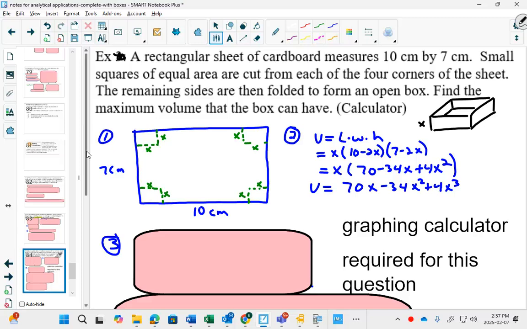We started off, this side was 7, but then you would subtract 2 x's away from that because they get cut out. And this side was 10, and you subtract 2 x's away from that because sides get cut out. And you multiply it all out, and you get your volume is 70x minus 34x squared plus 4x.